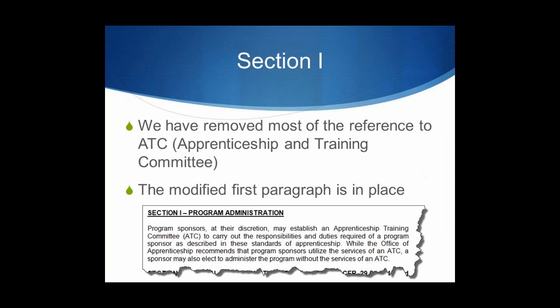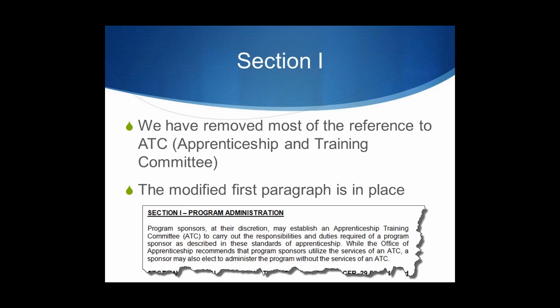Section 1 of the document. There is a whole section, and in fact, I think it's the largest yellow section in the document, that refers to an ATC. ATC, in this case, is an apprenticeship and training committee. You can see there at the bottom, the little highlighted text that looks like it's been cut out, that is the remaining text in section 1 of the document.